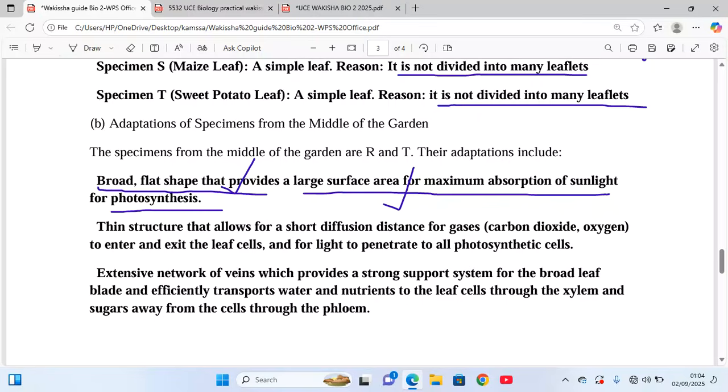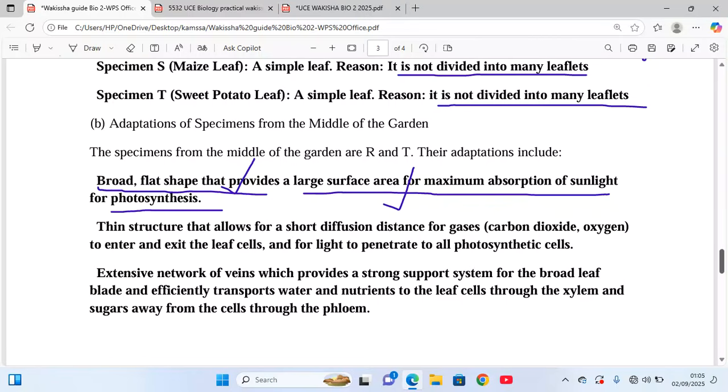They have an extensive network of veins which provides a strong support system for the broad leaf, and as well efficiently transporting water and nutrients to the leaf cells through the xylem and sugars away from the cells through the phloem.